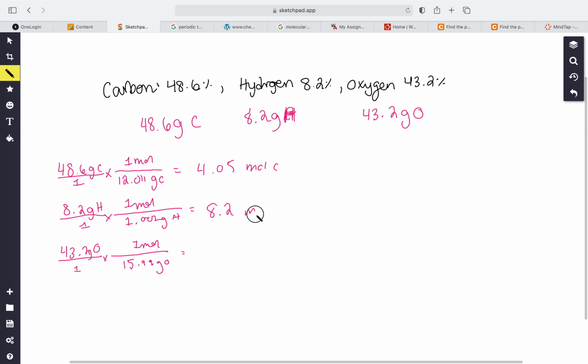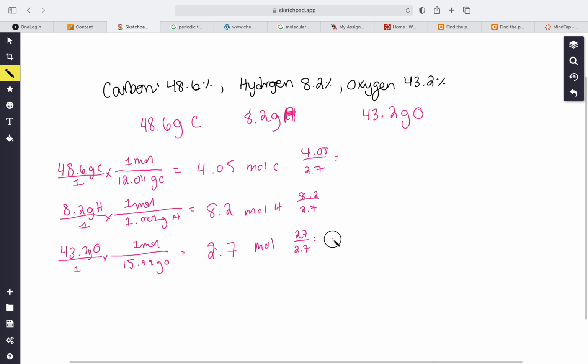Moles of carbon, moles of hydrogen, and then oxygen is 43.2 divided by 15.99, and we will get 2.7. All right, so first I'm going to divide everything by 2.7. So 4.05 divided by 2.7, 8.2 divided by 2.7, and 2.7 divided by 2.7.